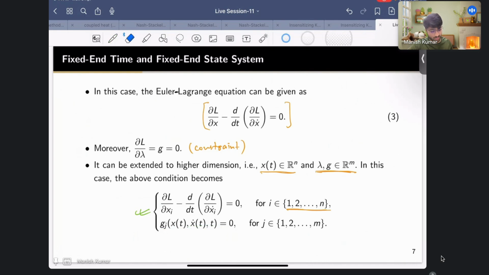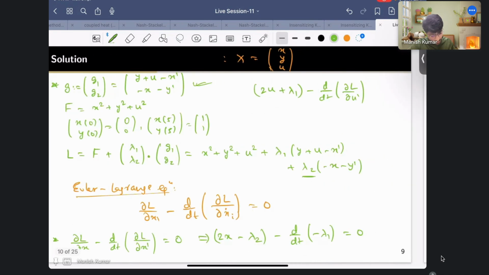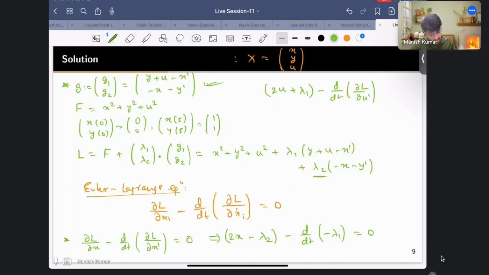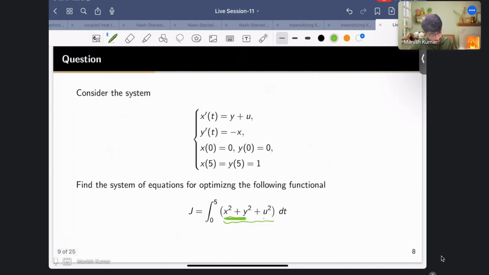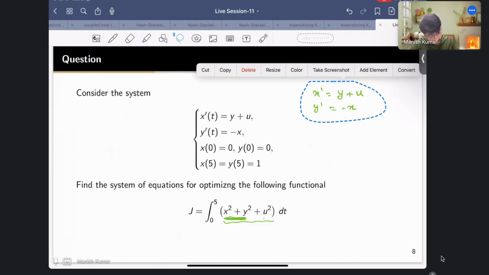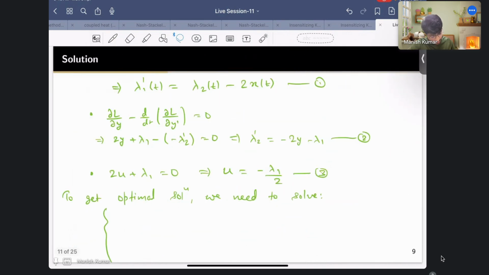That's it, it's given to you already. So over here we have x prime equals y plus u, right? So x prime equals y plus u, and then you have y prime equals minus x.